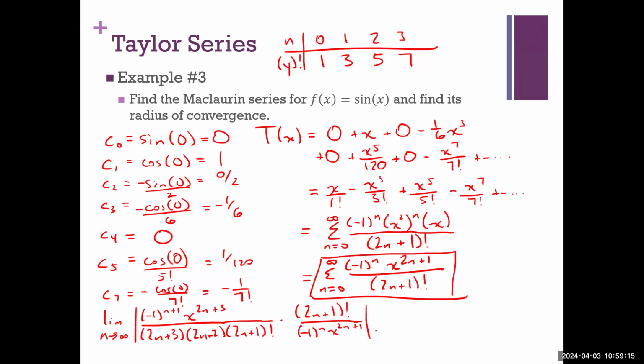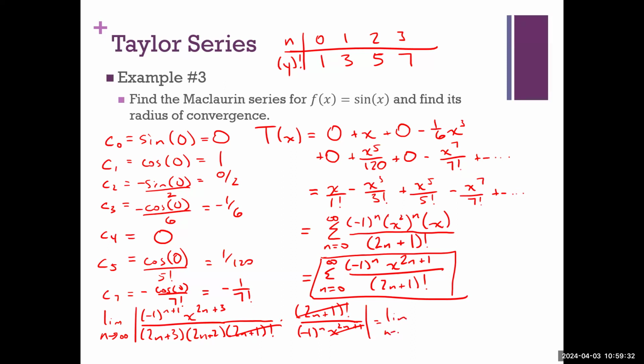All right, does anything convenient happen for us here? My factorials cancel out. This x term cancels out. So let's rewrite a new thing.